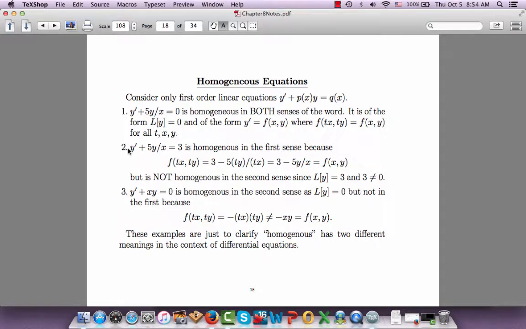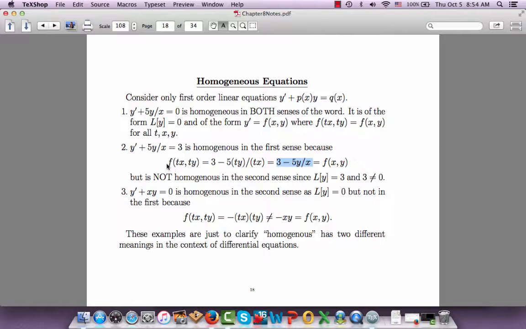The next example, all I did is I changed the right-hand side to a number that's non-zero, 3. So this is no longer a linear homogeneous equation because the right-hand side is not 0. But if I solve this equation for y prime, I have y prime equals f of x,y, where f of x,y is just 3 minus 5y over x.